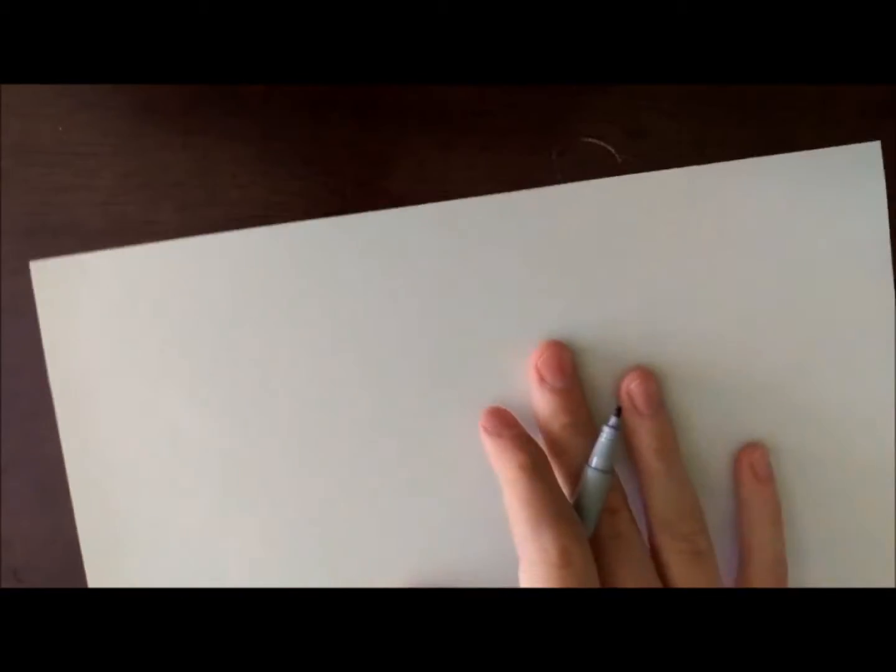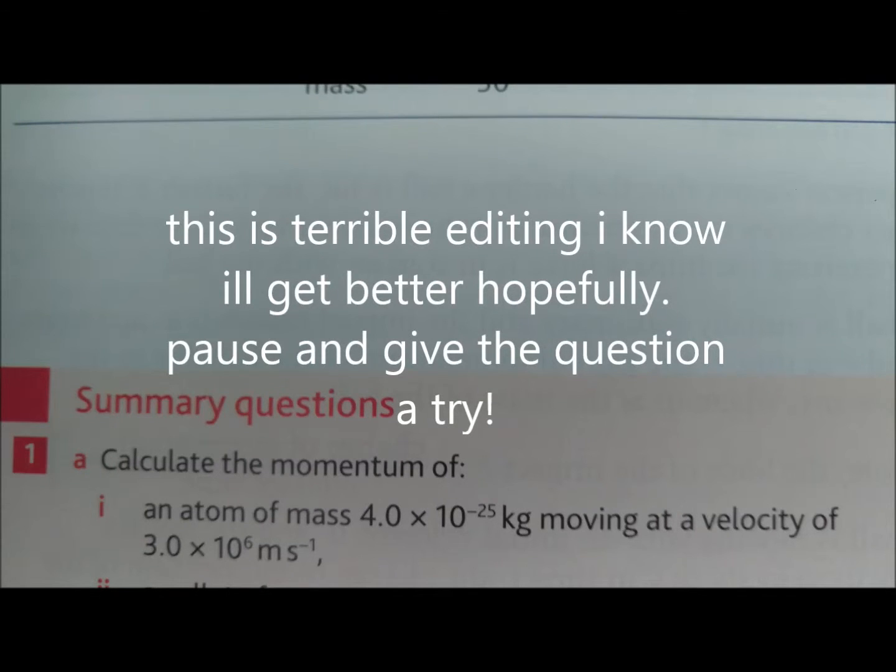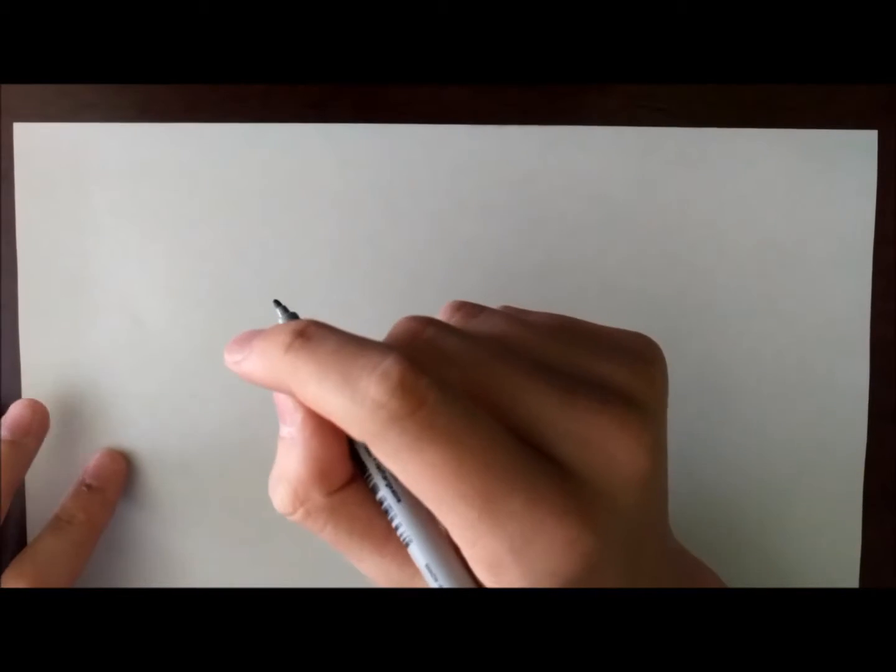Now, the first question, which should be on the video, let's hope, is to calculate the momentum of an atom of mass 4 times 10 to the minus 27 kilograms moving at a velocity of 3 times 10 to the power of 6 meters per second.